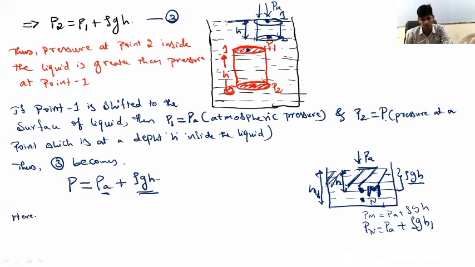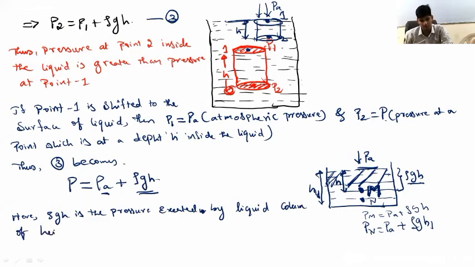Here rho g h is the pressure exerted by the liquid column of height h.